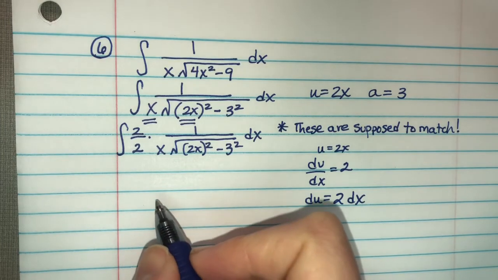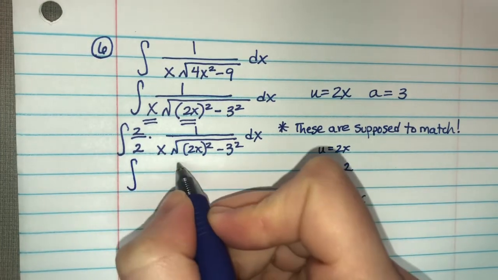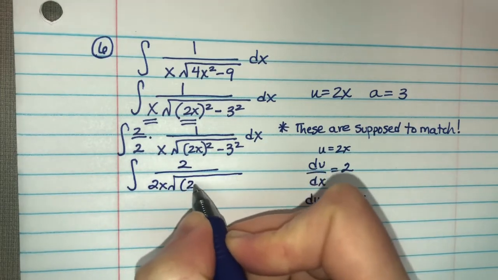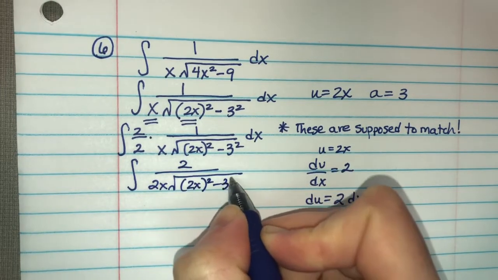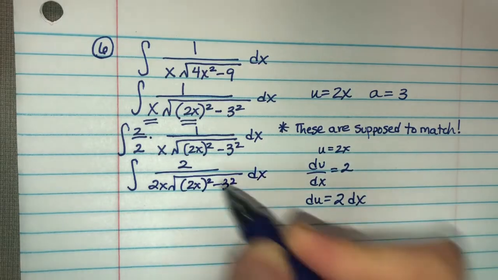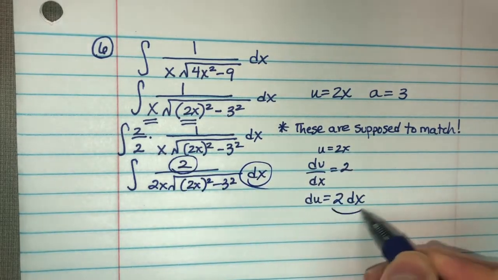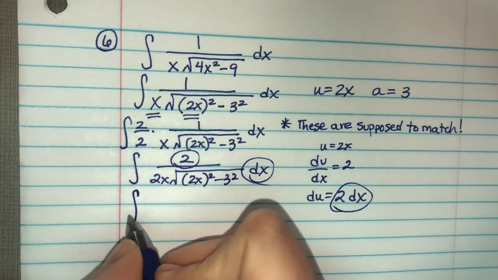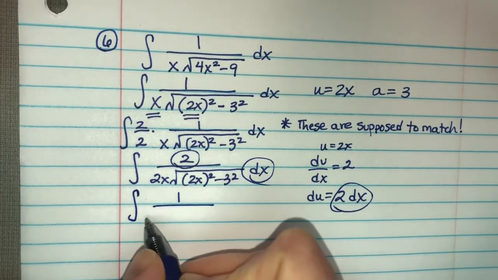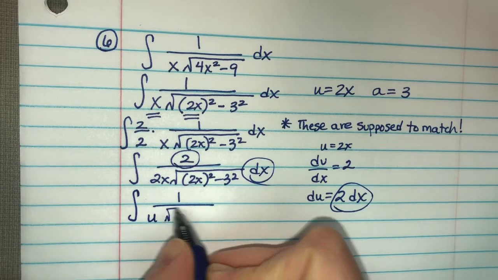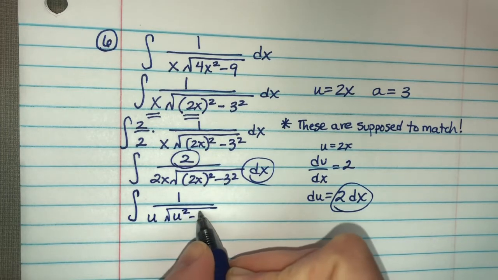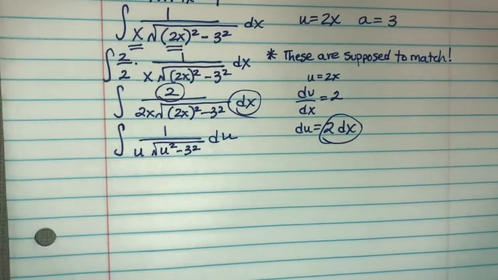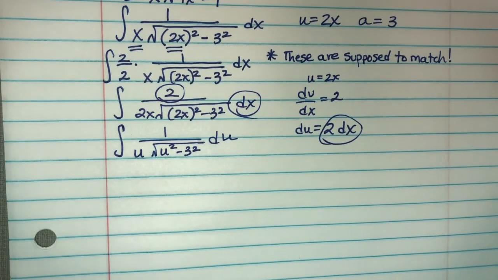So what is this going to look like? See, it'll be 2 over 2x square root of 2x quantity squared minus 3 squared dx. So this 2 and this dx can come out and be replaced with the du. So now I've got 1 over u square root of u squared minus 3 squared du in terms of the variable u.